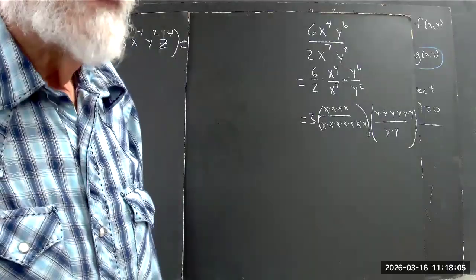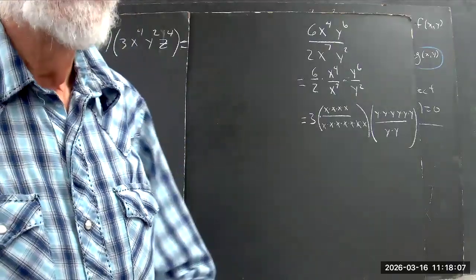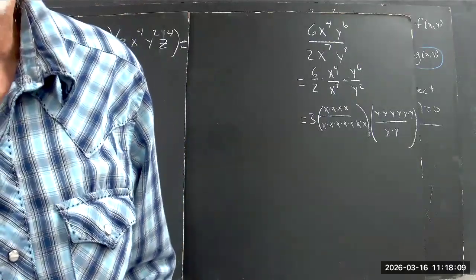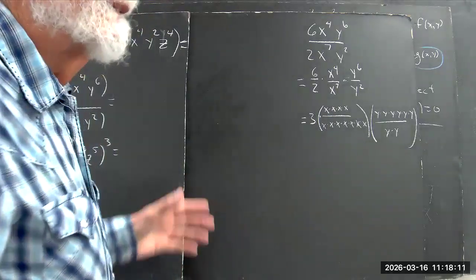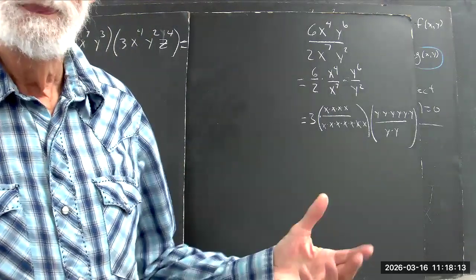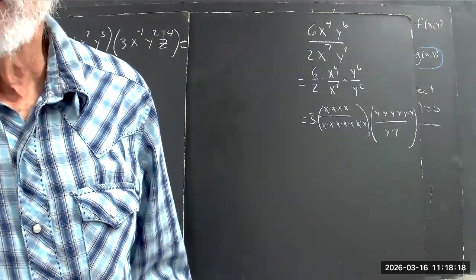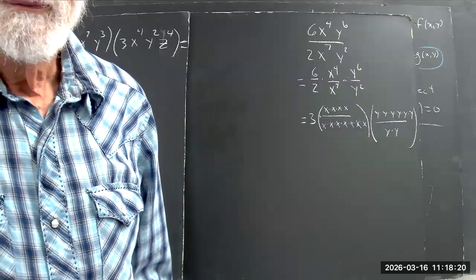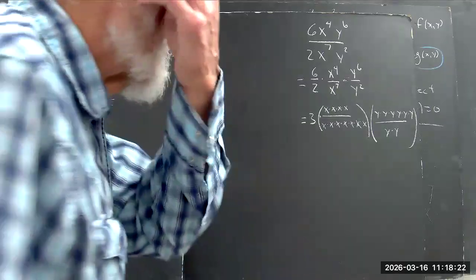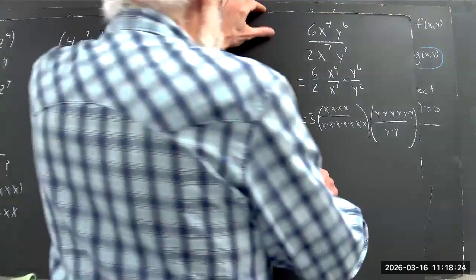And people don't remember that, and they cancel things that don't need to be canceled. And 90% of people who come into a pre-calculus class do incorrect cancellation, without understanding. So we want to understand it.